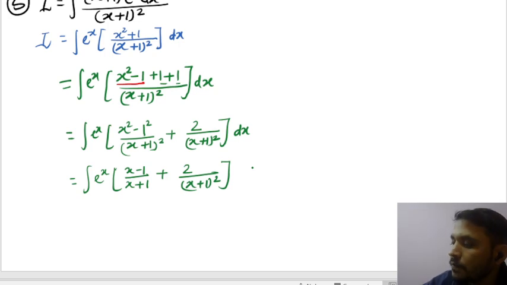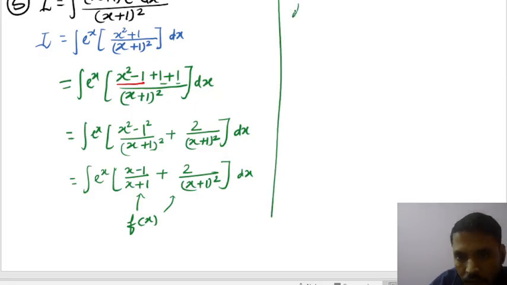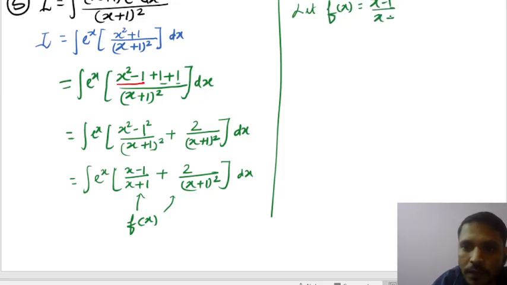Into dx. All right. So if you observe it, this is nothing but the f of x, and their differentiation is this. So you can take the differentiation here. You will get the same thing. Means if you take, let this f of x equal to x minus 1 divided by x plus 1.